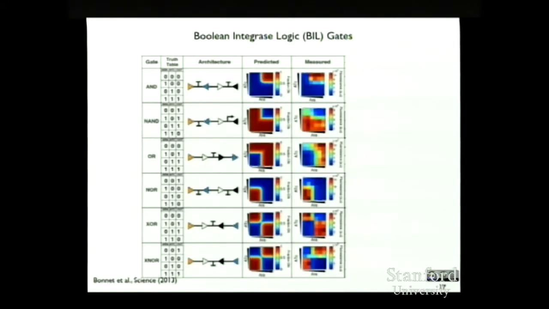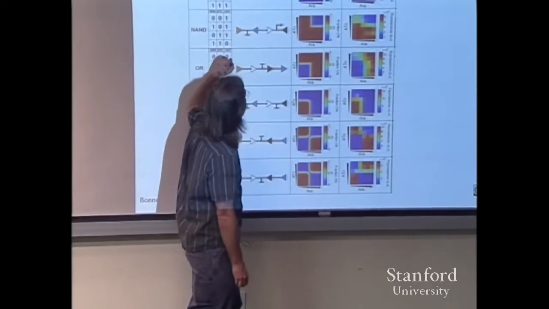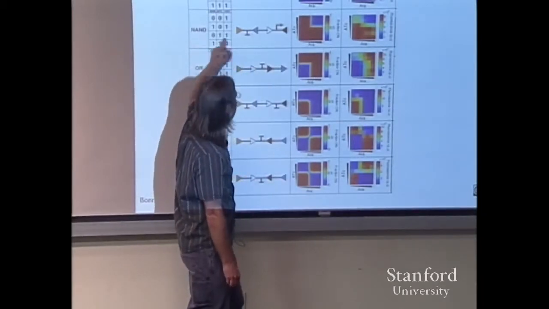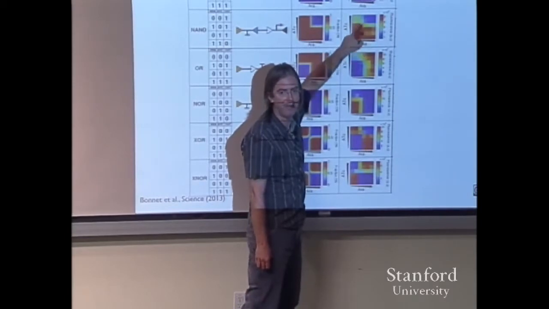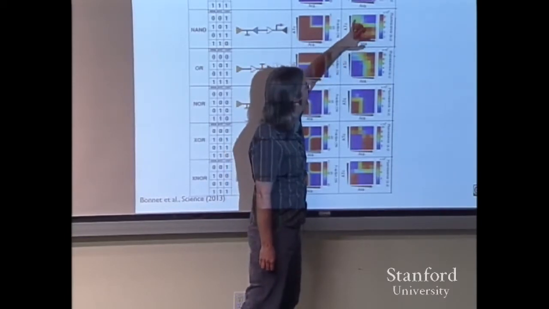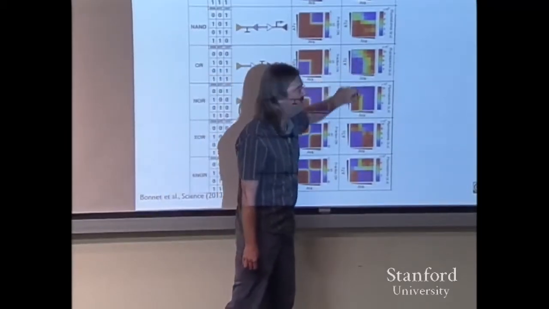Now this is a log scale here. No, excuse me, it's a linear scale. And so, for example, you could see that the NAND gate isn't completely symmetric, right, across all the output states. It's about a twofold difference here to here. And the OR gate as well is a little bit different.